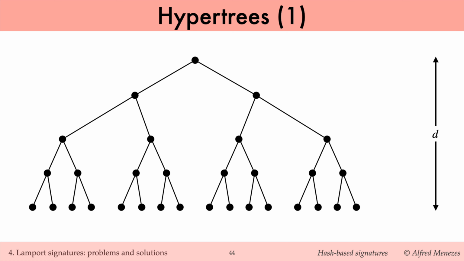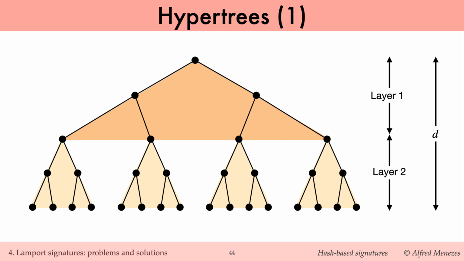Here is a Merkle tree of height d equals 4, which we'll divide into a 2-layer hypertree. The first layer is composed of a single Merkle tree of height 2, and the second layer consists of 4 Merkle trees, each also of height 2. Of course, hypertrees can have more than 2 layers.